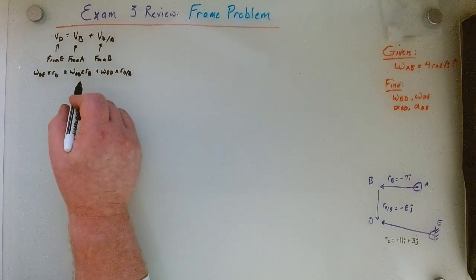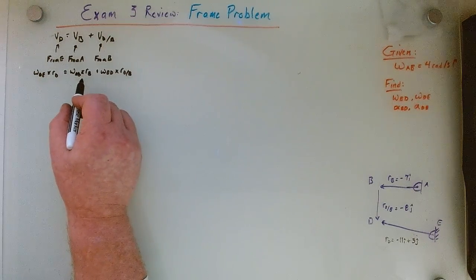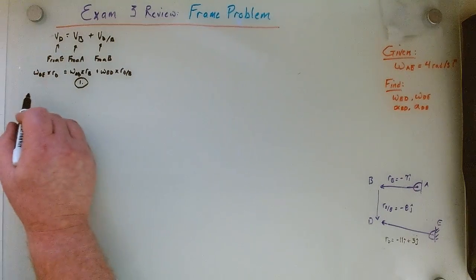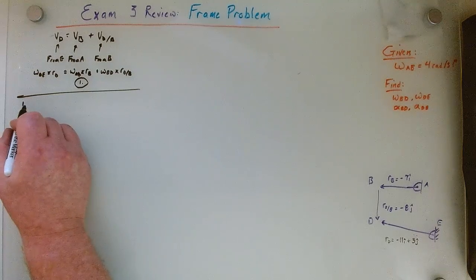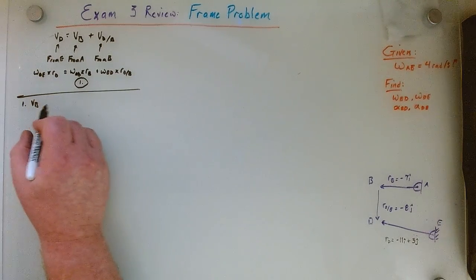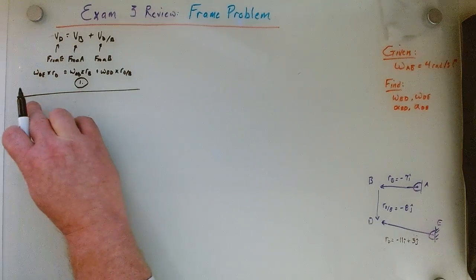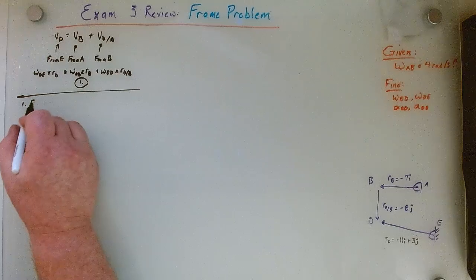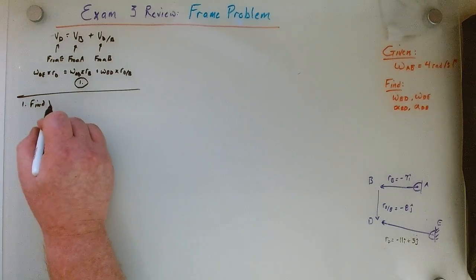So we'll just number these as we go. We'll call this step 1 here. Okay, and so step 1, VB is equal to, well, actually, let's make a note to ourselves in case we want to use this for study. So find VB.